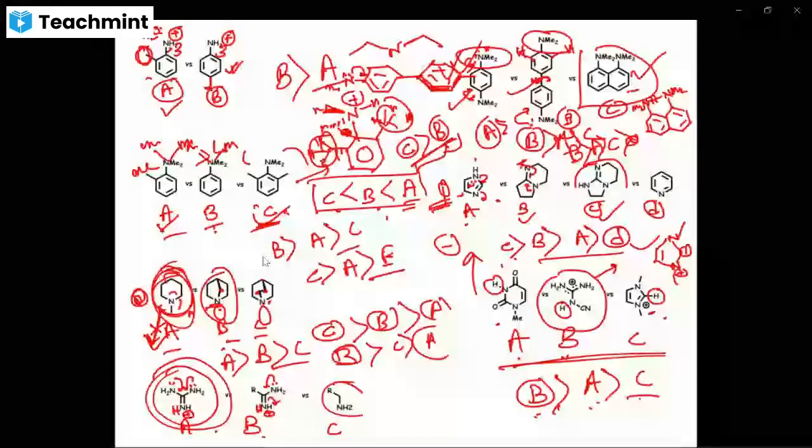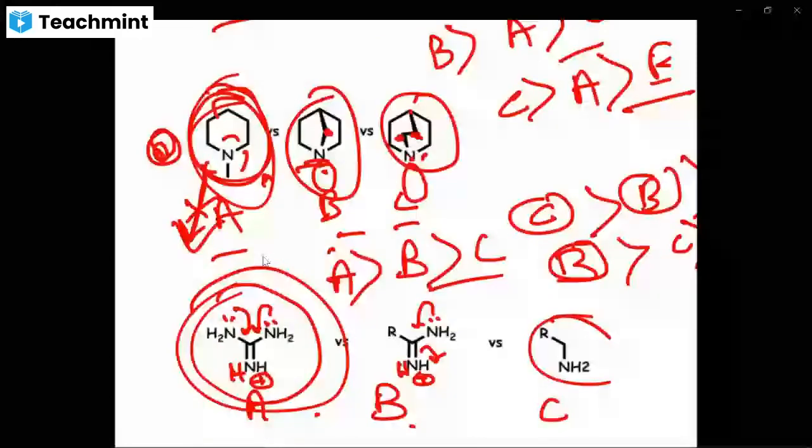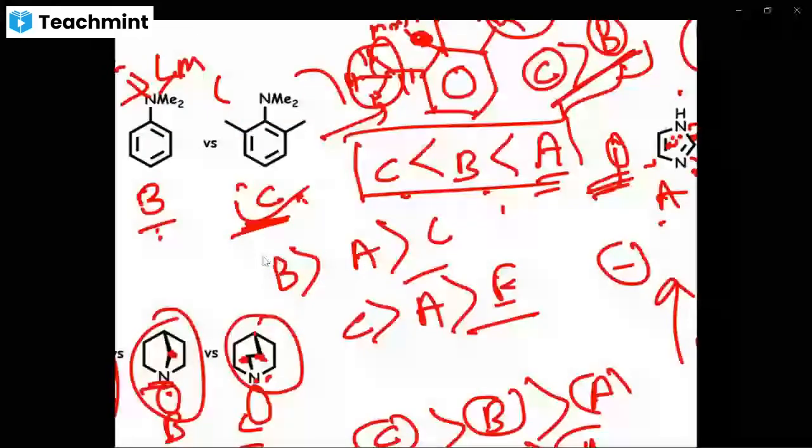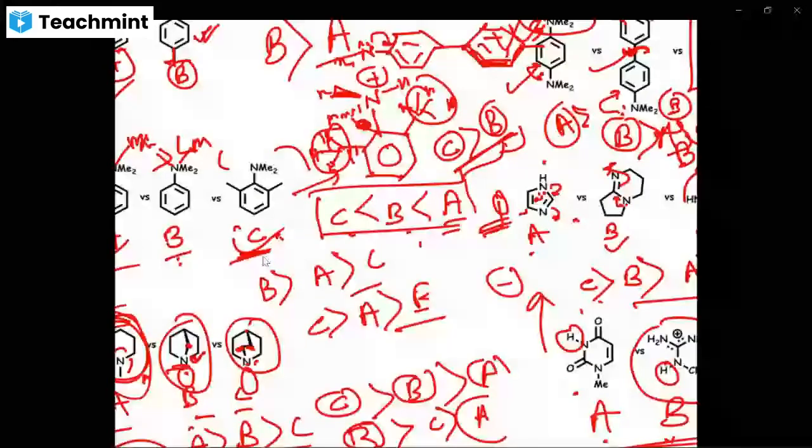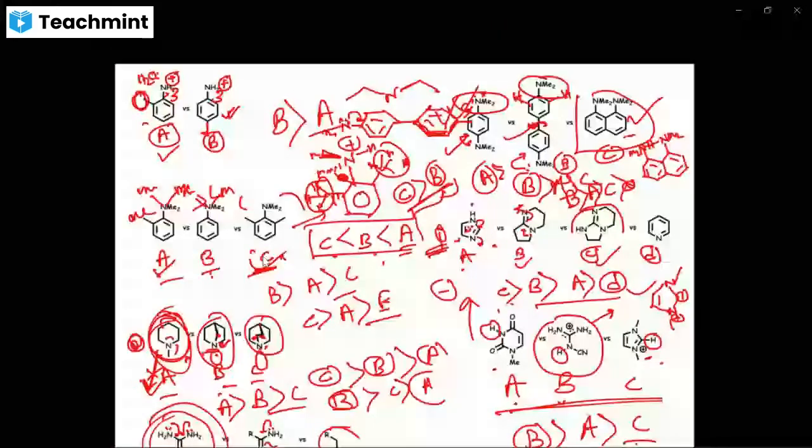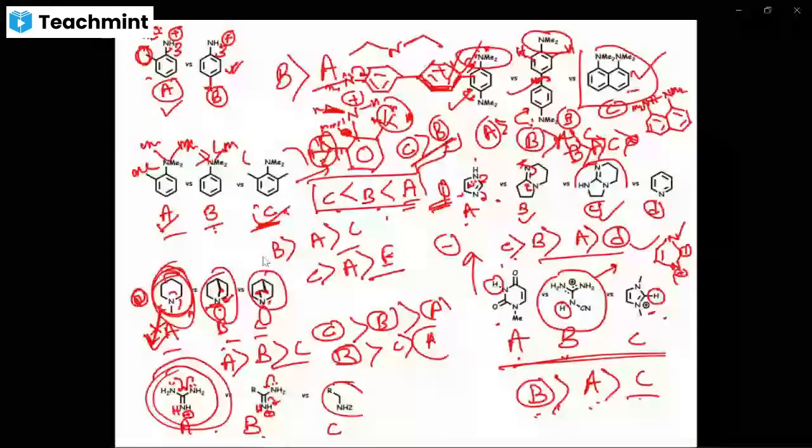C is more flexible because two carbons are there inside the ring. Can you see that? So it is more flexible, and this one is more rigid. In both cases, inversion is not possible because it is a tricyclic system.